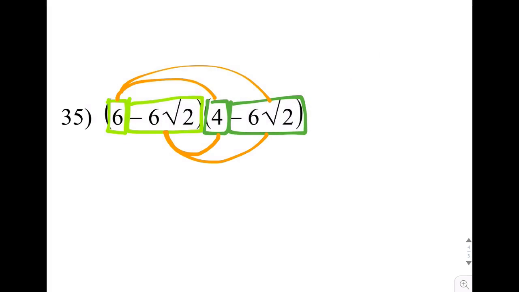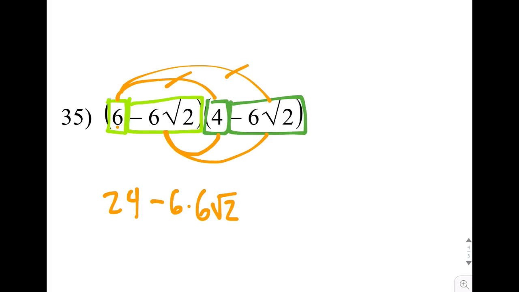First one we have 6 times 4. So we're going to check that one off. 6 times 4 is 24. Next one we have 6 times negative 6 square root of 2. Kind of a handful. 6 times, I'm just going to write it out, 6 times 6 square root 2. We'll deal with the actual math later.